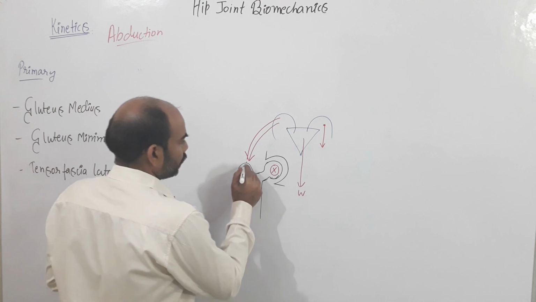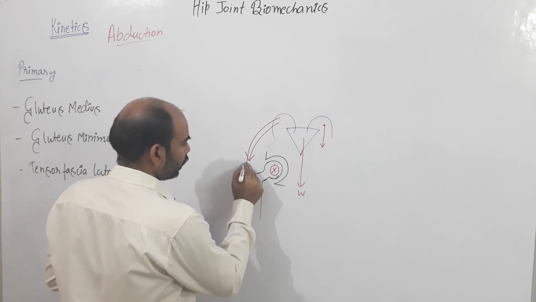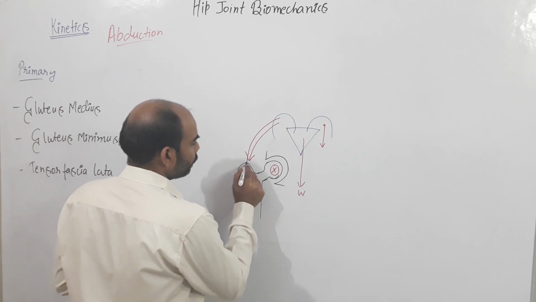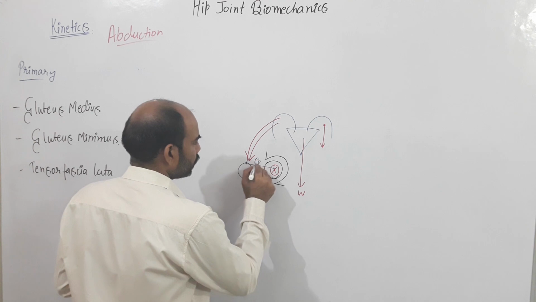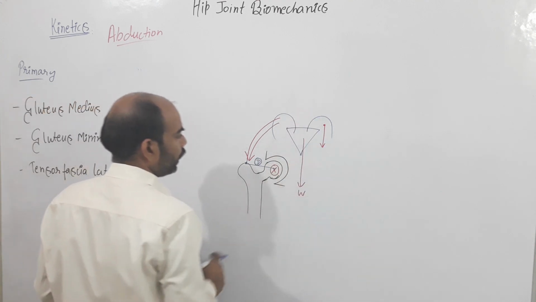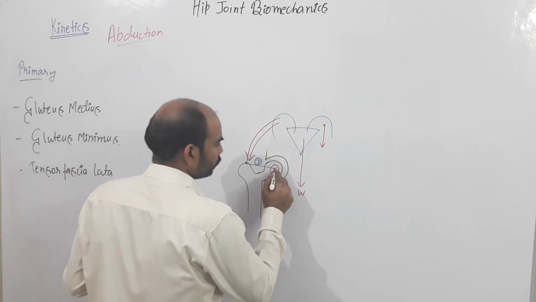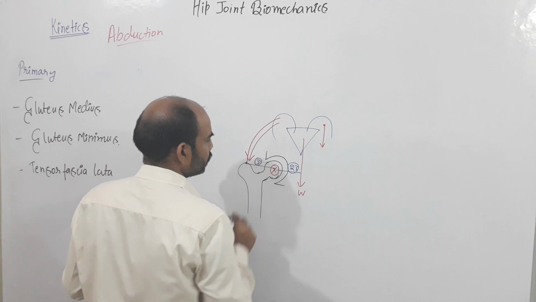Suppose the distance between the attachment of the hip abductors and the hip joint is D. The weight passes from the center, and it is around twice this distance.